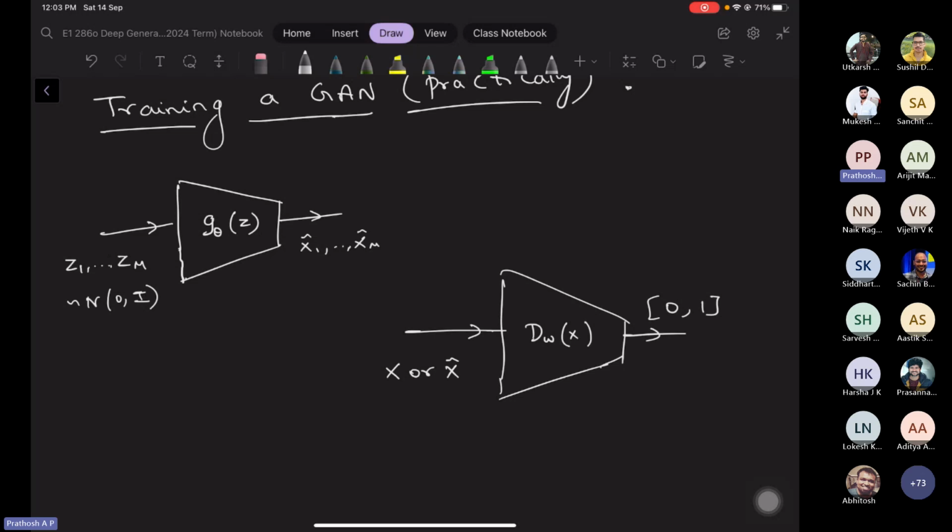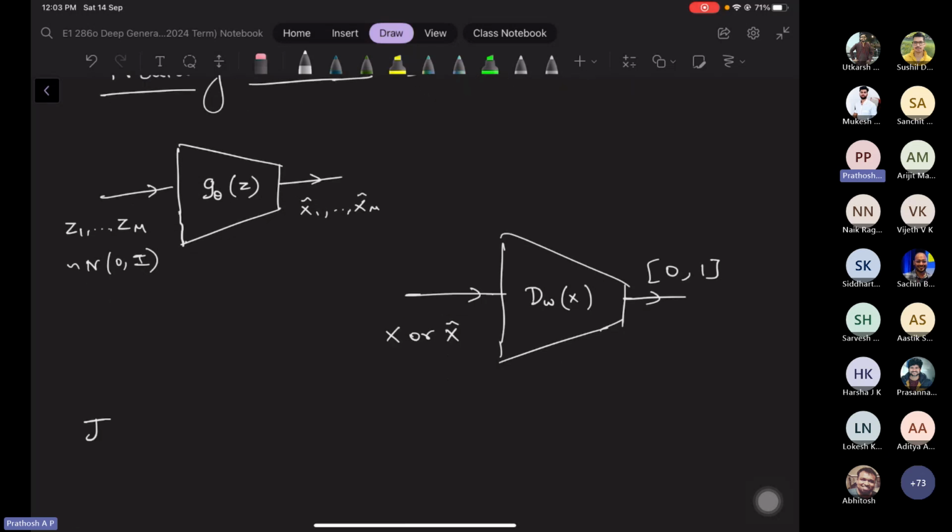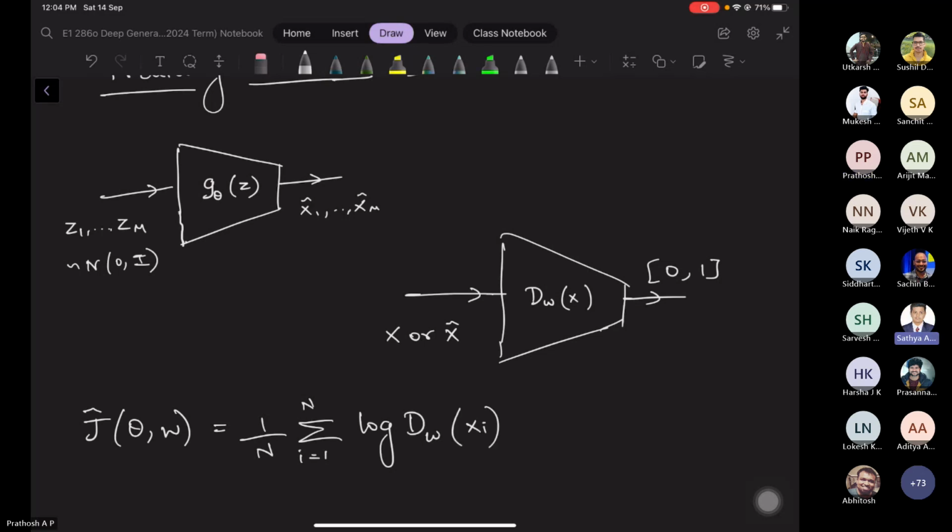Let's get back to what we were doing. Okay, so what will happen is, there is this J cap of theta comma W, which is 1 over n times a sum over log of D of X. Sir, that trapezium you have drawn for the G theta, it is changed.